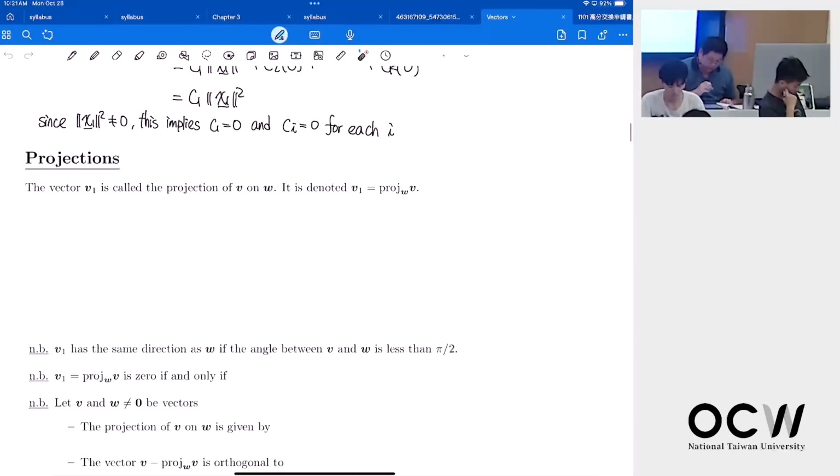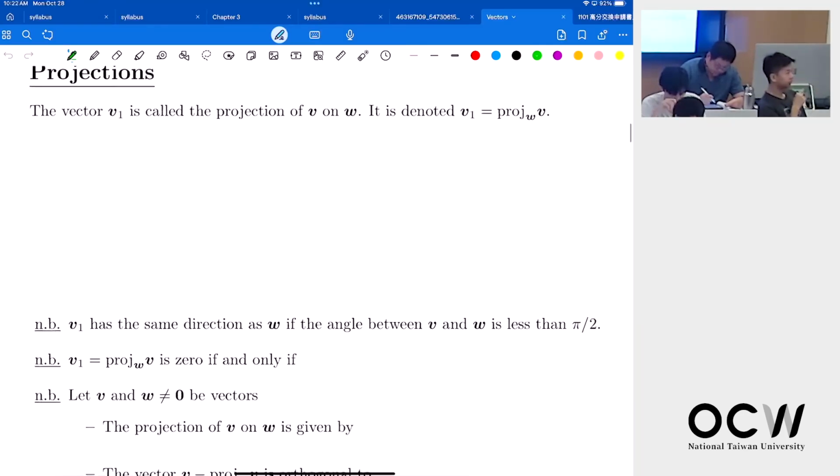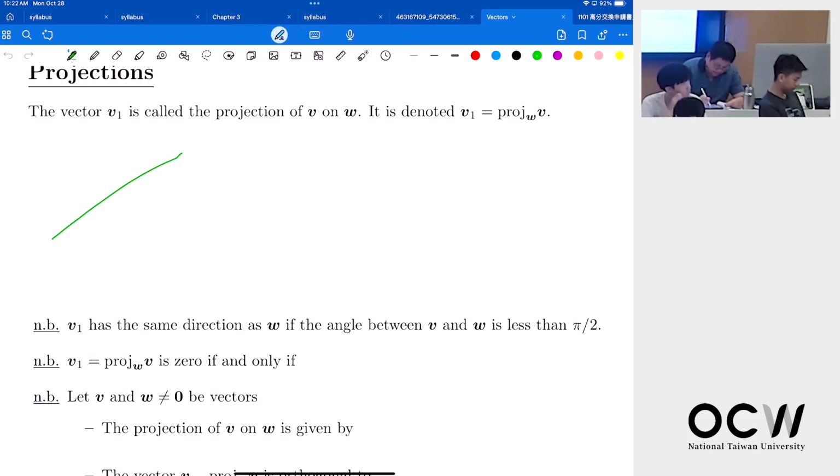Now here, let's talk about projections. What is a projection? We say that the vector v1 is the projection of v on the vector w, and we write it this way: v1 is the projection of v on w. So if I have a vector v, this is the vector v, and here we have a vector w.